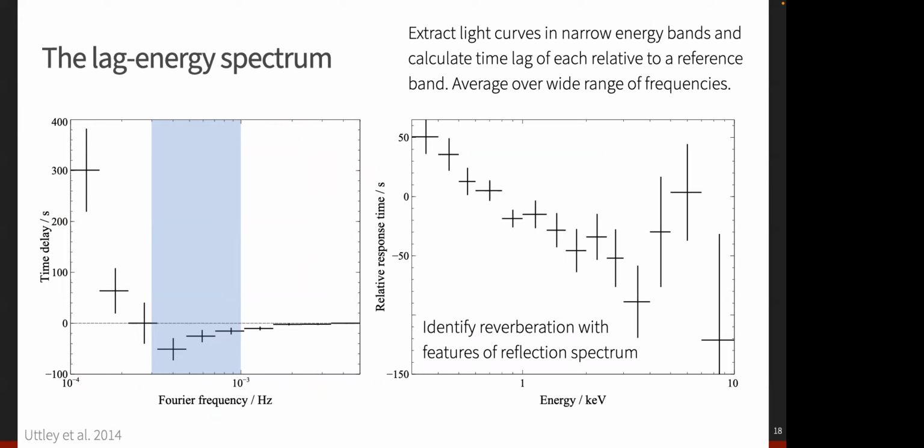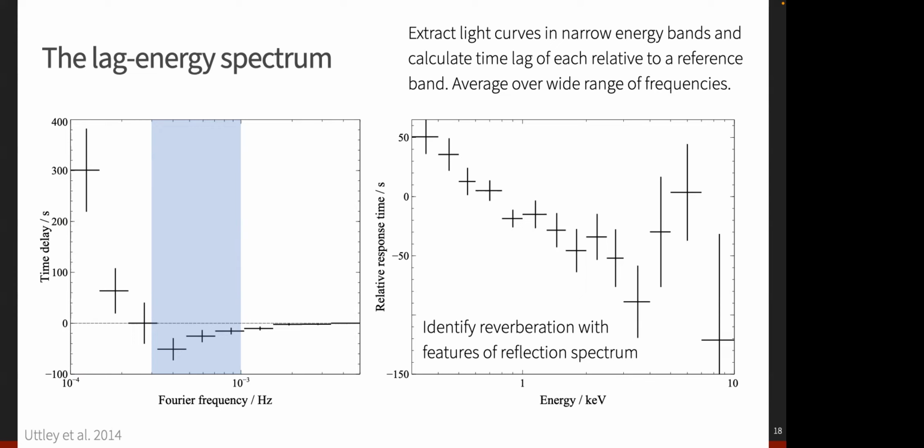And instead of plotting the time lag at every single Fourier frequency, we bin our Fourier frequencies and we calculate the average time lag over that whole range of frequencies where the plot is negative. And then we can see this arrival time versus energy spectrum. And here we see that classic shape of the reflection spectrum that I showed earlier, with the iron K line, with its red wing, and the delayed soft excess.